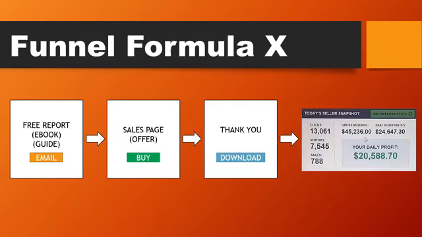Typically, at the beginning of the funnel, especially if you're a marketer, you give away a free report, an ebook, a guide, a white paper, or a cheat sheet to capture a customer's email address. From there, you send them to a sales page where you make an offer. Then you can send the customer to download your ebook and your offer. That's the basis of making good revenue and sales online when it comes to digital products especially.